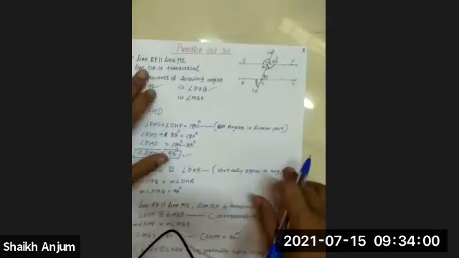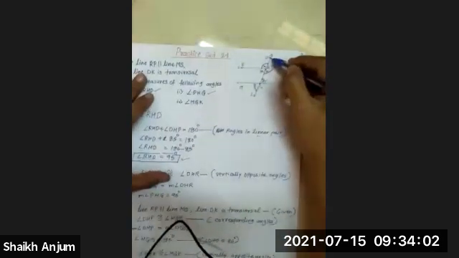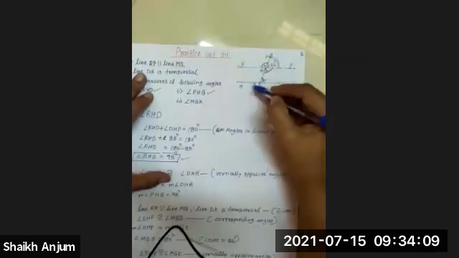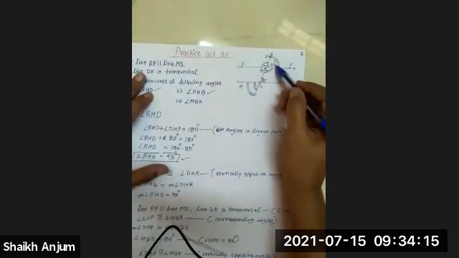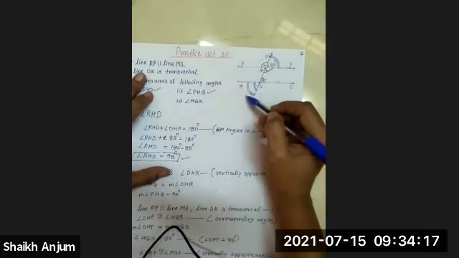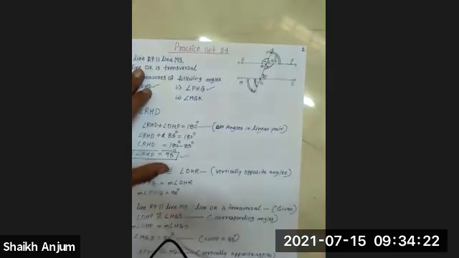Here you can also use another property. This is an alternate exterior angle, and this is another angle in its pair. So if that is 85 degrees, as it is also an alternate exterior angle, that will also be 85 degrees.